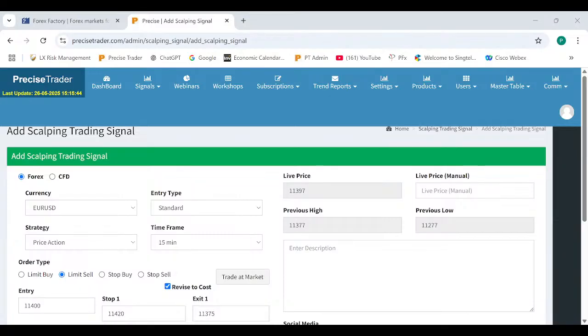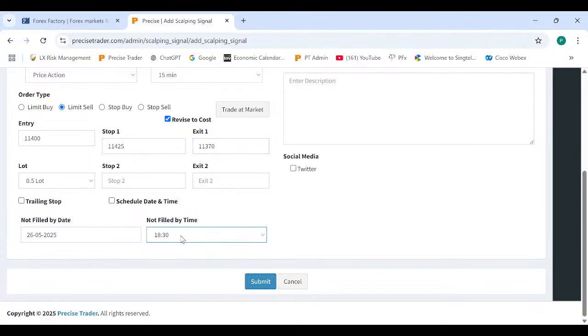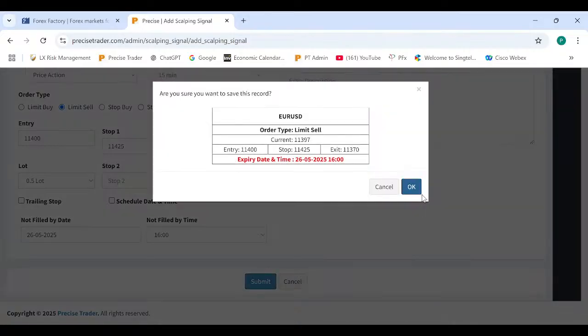I think 70, 75. I just want only about 30 pips. So then we'll put a stop at 25 and 113.70 or 75. So this is a half lot, and we will take this until 4 o'clock.